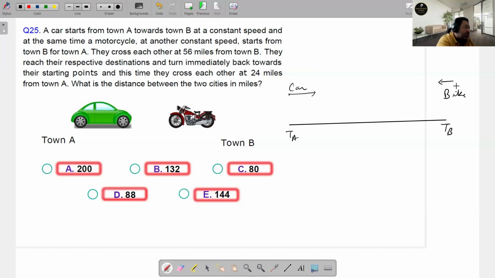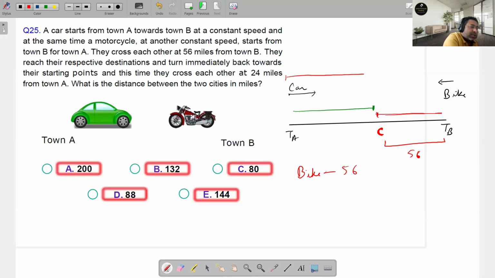So what happens the first time they meet, let's say they meet here at this point, and the bike has come from here to here. And this point here, let's call it C. This is C to TB, given as 56 miles, which means that the bike has traveled 56 miles.